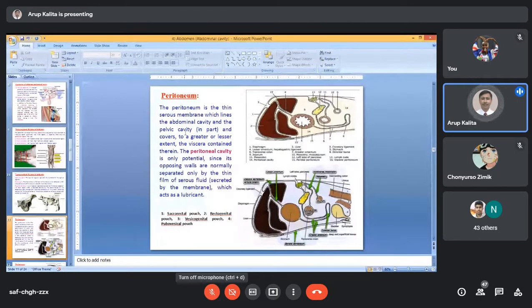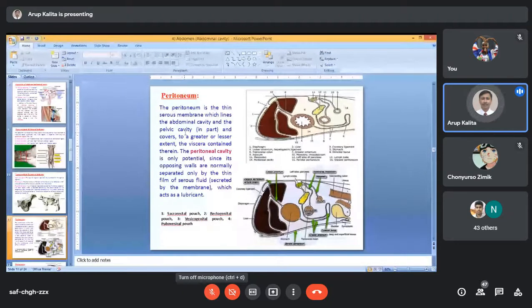There are two types of peritoneum: one is parietal, one is visceral. The parietal peritoneum covers the outer lining of the abdominal cavity. And inside you will get a cavity, and that cavity is called the peritoneal cavity.